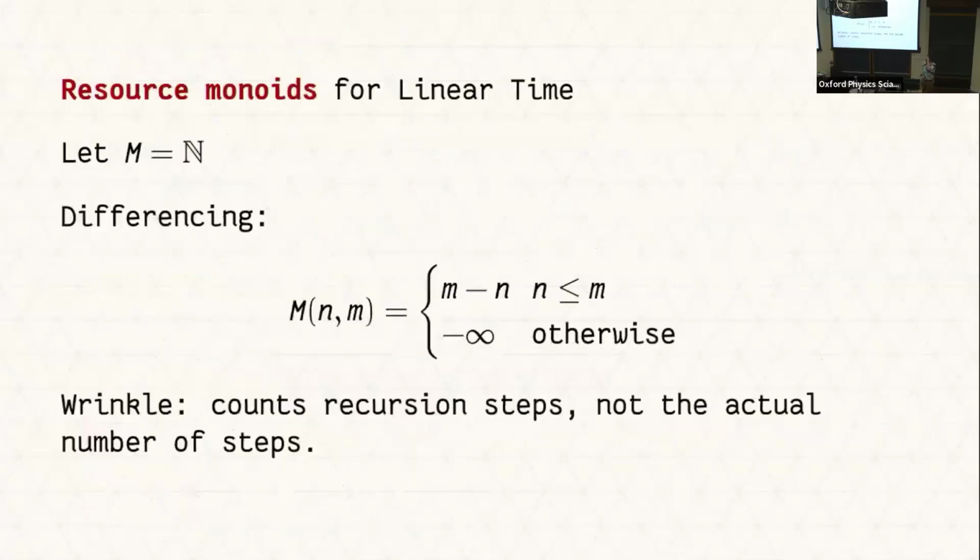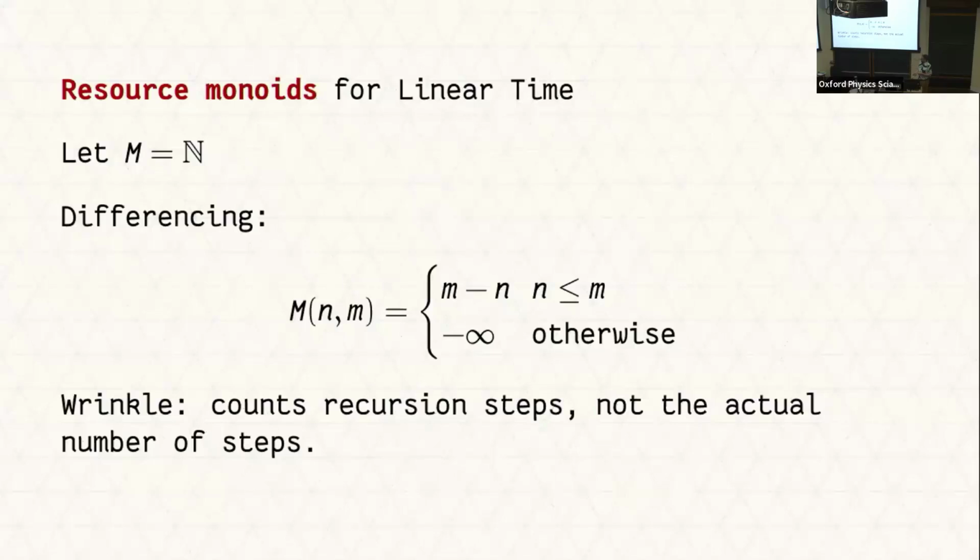So the easiest resource monoid is just natural numbers. So we have a certain amount of resource, which is a natural number, and then this differencing operation just subtracts the start one from the end one, assuming that that was possible.